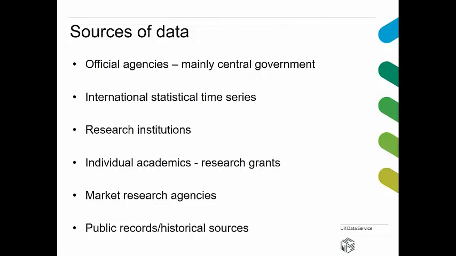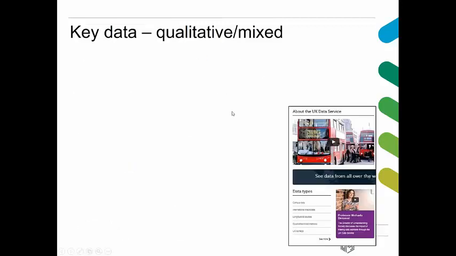We certainly take in data from other funders, such as the Wellcome Trust, the Leverhulme, and others, and also have some independently funded work. And also, of course, for some of the qualitative, originally paper-based materials, we hold public records and historical sources, including things like the census.